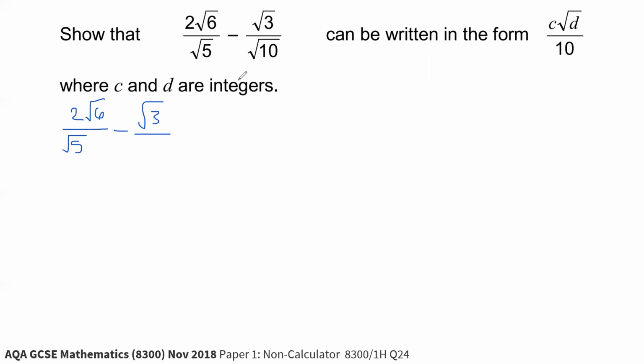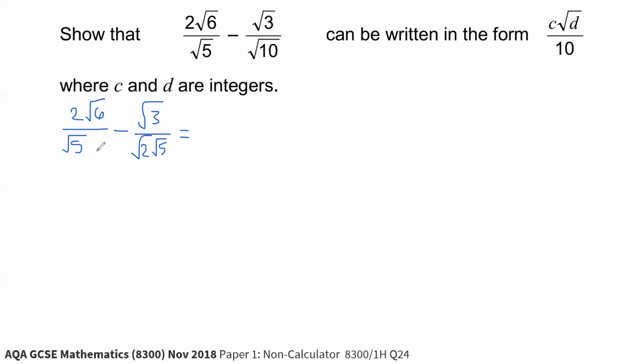So root 10 is the same as root 1 times root 10, not that you'd ever really write that, or root 2 times root 5. If we write it like that, hopefully this becomes a little bit clearer. Although for now it makes it a little more complicated, it is going to make it simpler overall.